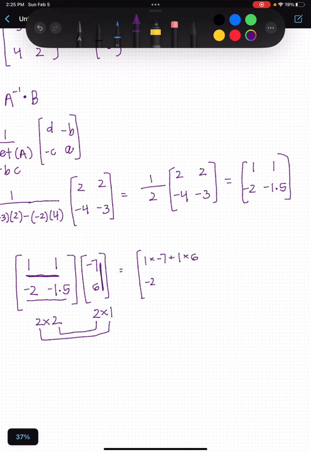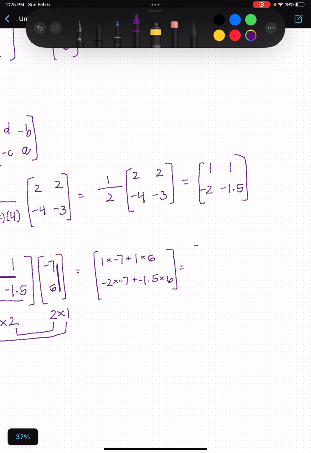So -2 times -7 plus -1.5 times 6, which when we simplify should give me -1 and 5. That tells me that x is equal to -1 and y is equal to 5. And those are my two answers.